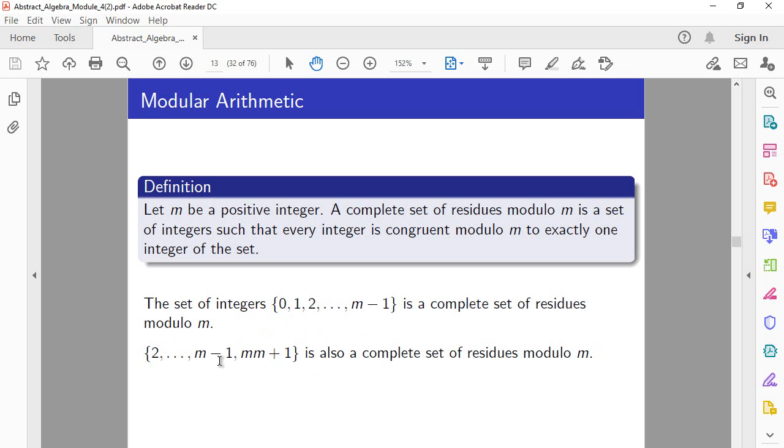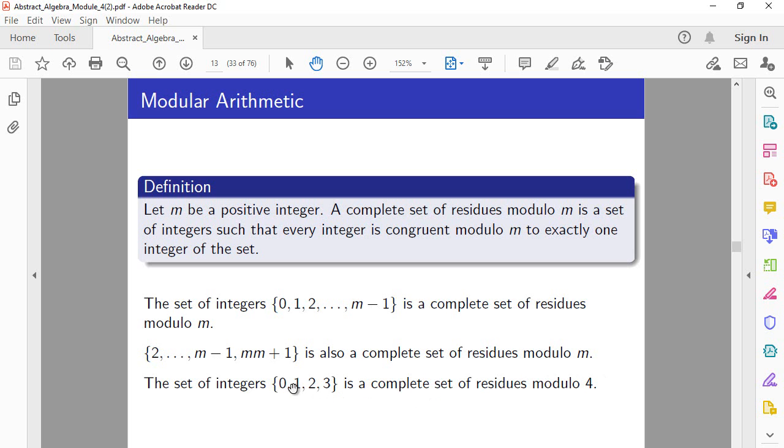Notice that if I take any set of m consecutive numbers, that's going to form a complete set of residues modulo m. The set of integers 0, 1, 2, and 3 is a complete set of residues modulo 4.